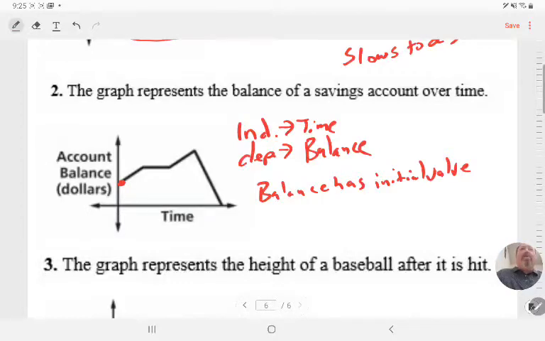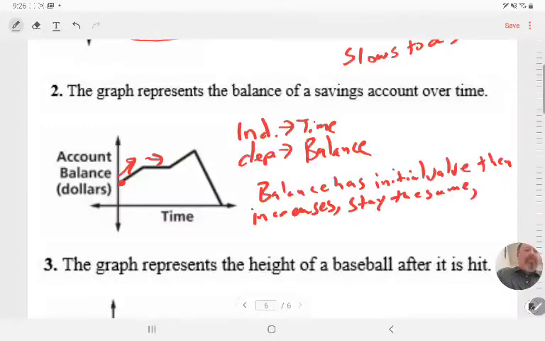So it starts out with a value, and then it increases. Okay. It stays the same. Then increases. And then it decreases to 0.